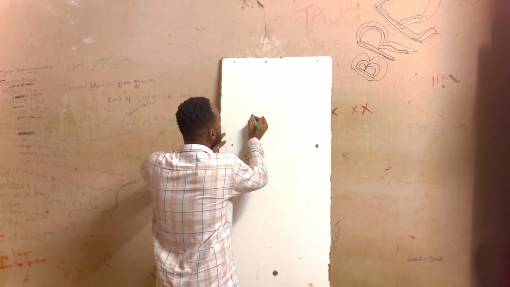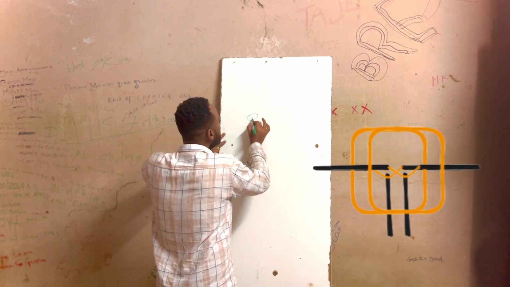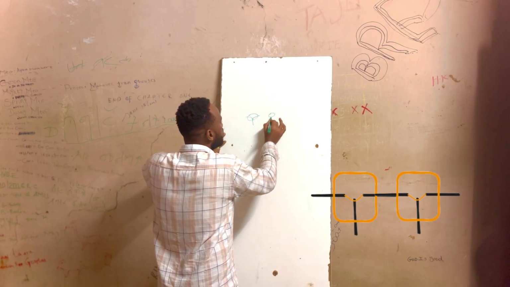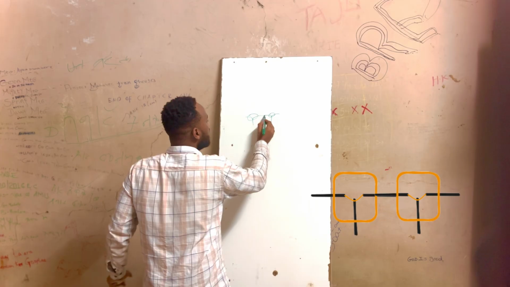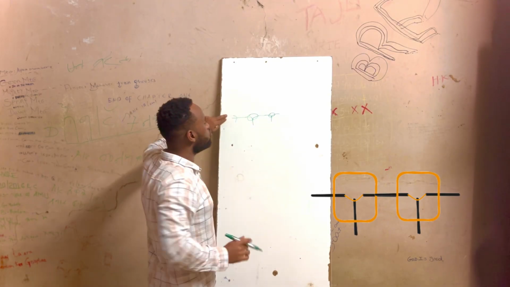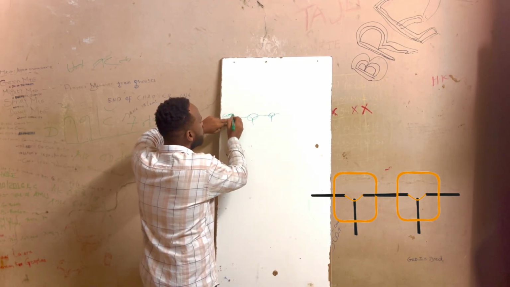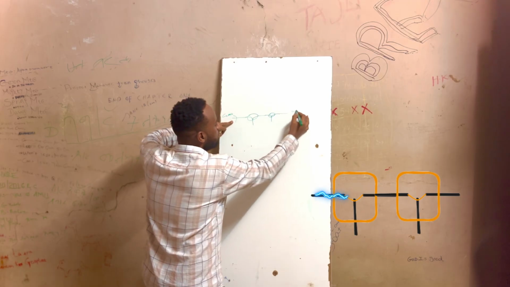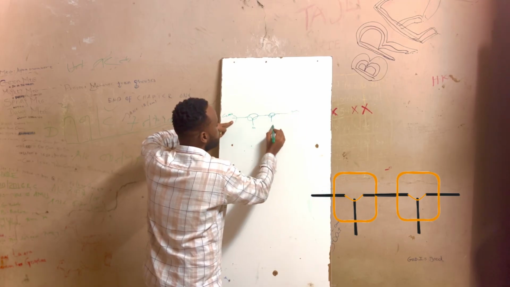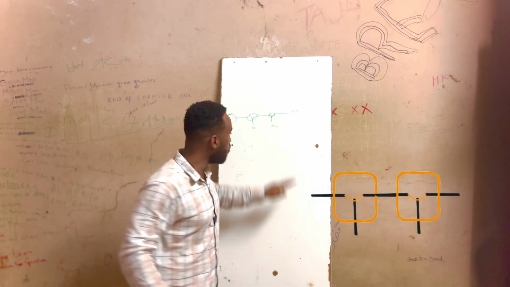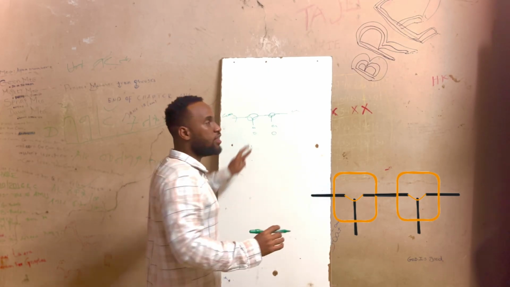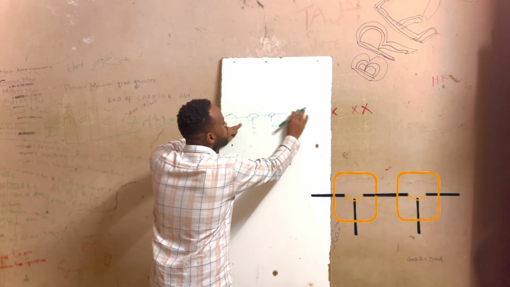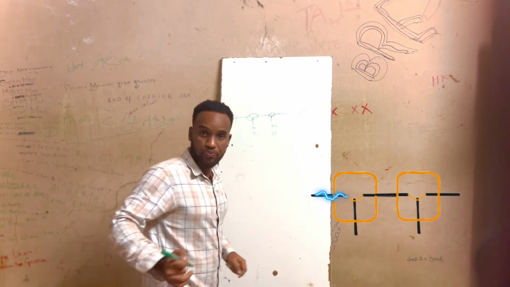If we put two transistors in parallel, look, we have two transistors in parallel with a continuous current supply from the collector, and this is the emitter, and these are the bases, as we have two bases. If we give 0 and 0, the current will not flow, so the output will be 0.